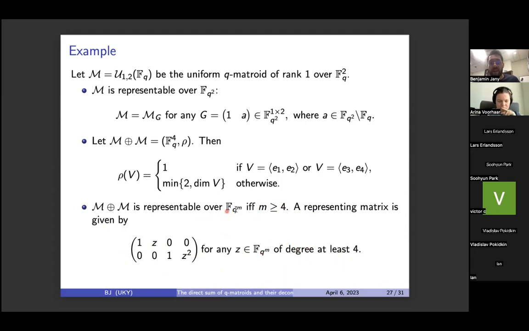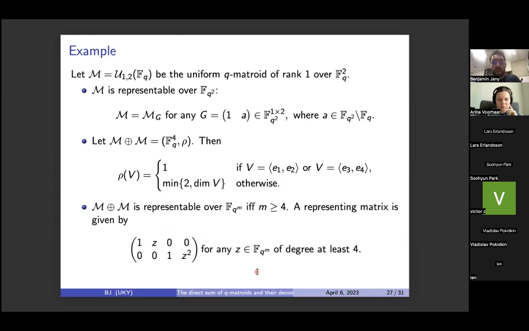The problem is if the degree of the extension is not large enough, then we may create linear dependence as we take F_q linear combinations of the columns of those matrices, right? We create more dependence between those two blocks, okay, than for classical matrices.